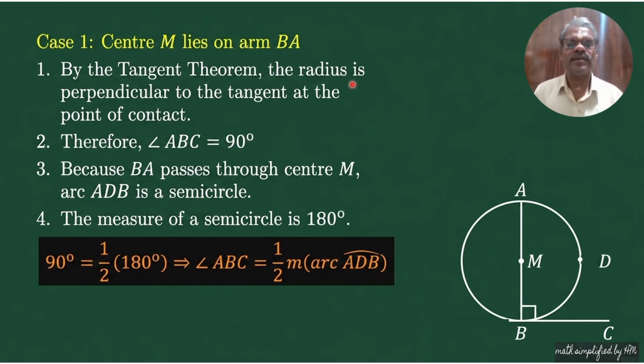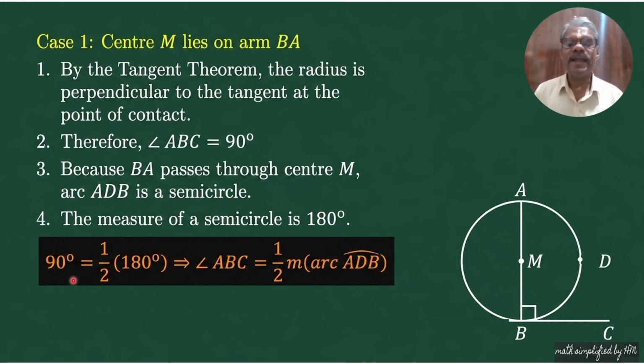By the tangent theorem, the radius is perpendicular to the tangent at the point of contact. Therefore, angle ABC is equal to 90 degrees, because BA passes through center M. Arc ADB is a semicircle, and the measure of a semicircle is 180 degrees.